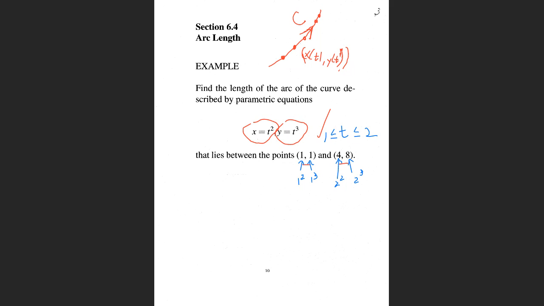So these are your limits on t. Okay, so let's go to Desmos, and that's how you figure out your limits on t, the beginning point and the end point. And there's going to be nice t values that work.